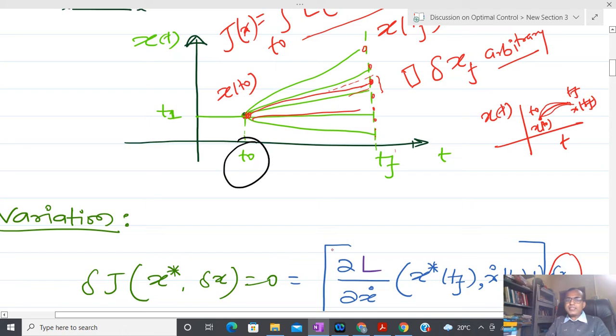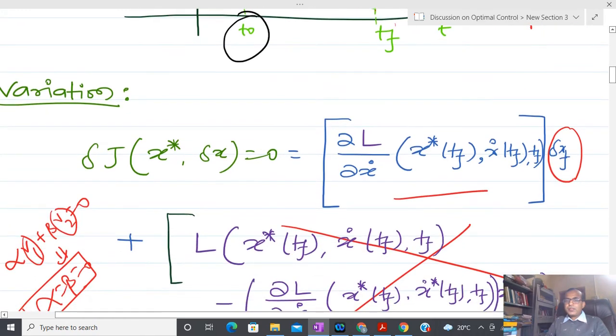So now if someone asks you what the possible path is, in this particular variation, what kind of change comes into the picture? Sir, in that case, variation with respect to final time and final state will be 0. Okay, obviously that is 0. And variation with respect to initial time is 0, but with respect to initial state is non-zero.